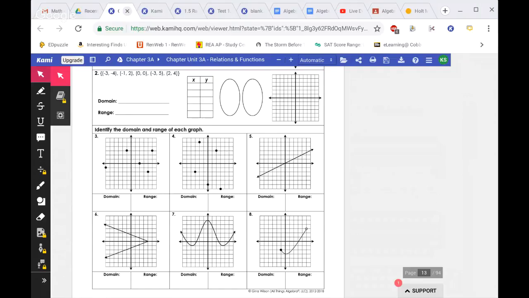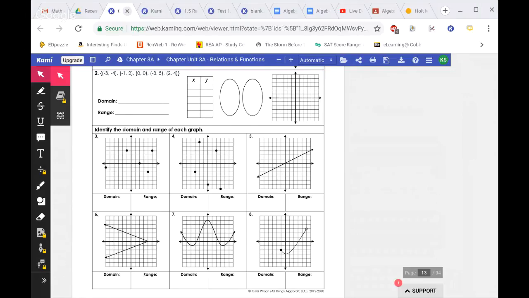And I didn't really touch base too much on a discrete graph, which, remembering from our definitions, is one that's non-continuous, like the random dots as pictured on numbers 3 and 4, and then 5 through the remaining are the continuous graphs where the dots are actually connected.